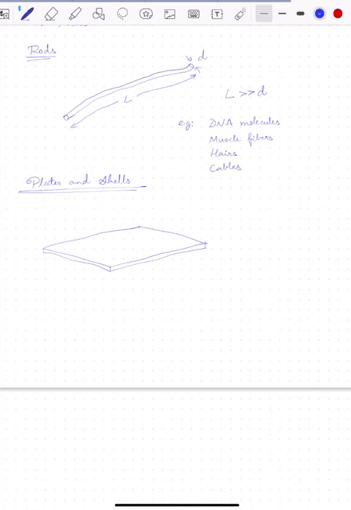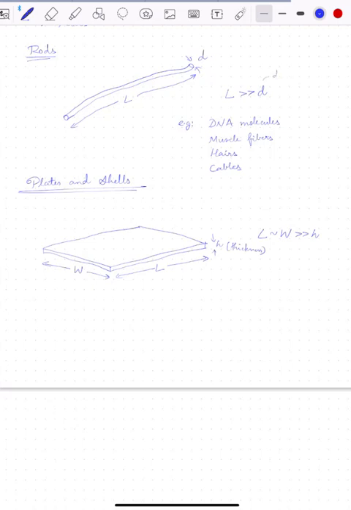This is our length L, this is the width W, and let this be a small h. In such structures, the length and width are of the same order, and both are much larger than h. So h is our thickness.